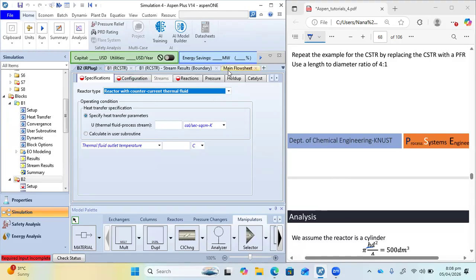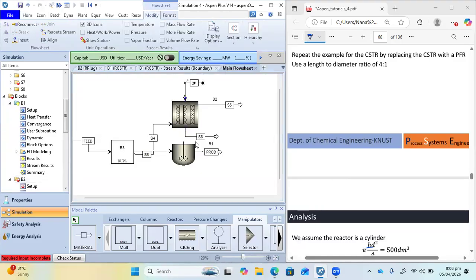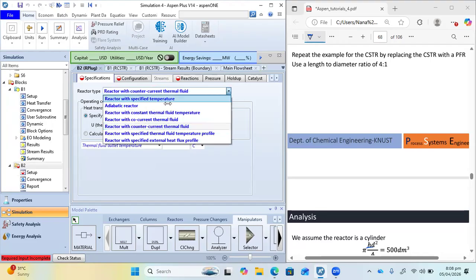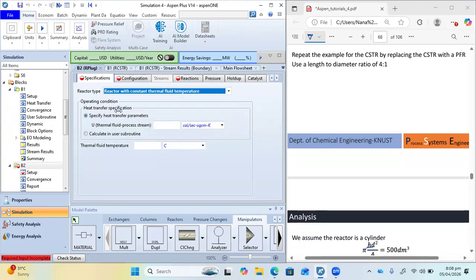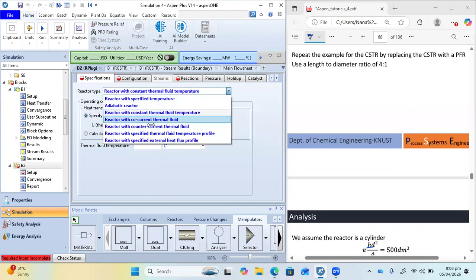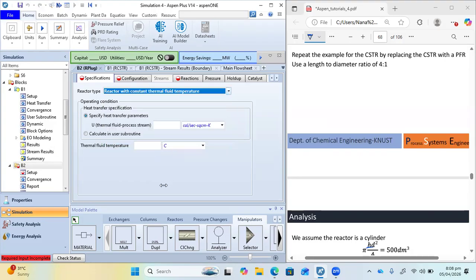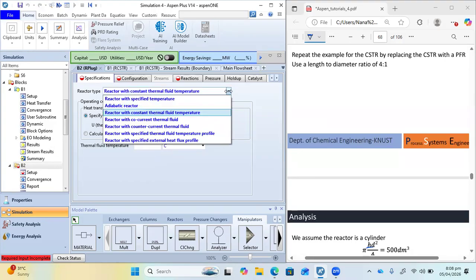This is just by way of letting us know the different things that are out there that we can try. You can also decide to use constant thermal fluid. For this particular one, you don't need those inlet and outlet streams for the thermal fluid lines. You can just put in the values. But once you use co-current, counter-current, any of these ones, you need those streams.